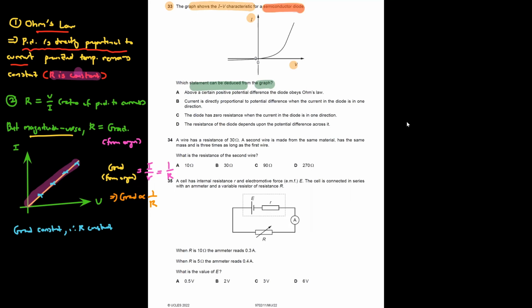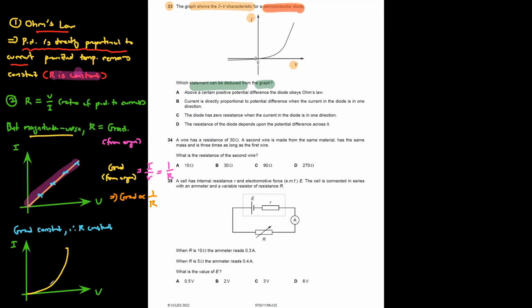But what about a case where you have a graph that starts to curve? Let's just say right now I have the same IV graph like this, but it starts to curve in a manner similar to this. So let me just draw this. It's still an IV graph, but how would I describe its resistance?